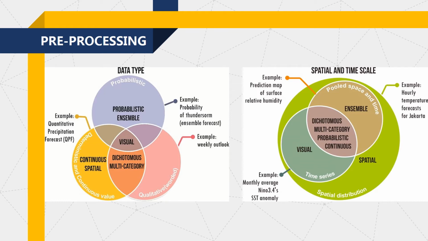And for pooled space and time, it is like a prediction map of surface relative humidity, prediction map of isobar, prediction map of precipitation, something like that. And spatial distribution is like hourly temperature forecast for Jakarta, something like that.